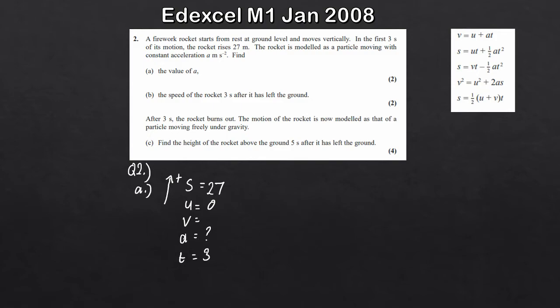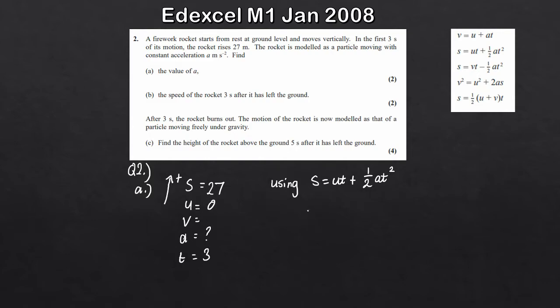So t equals 3. So in that case now, we've got our 4 letters again, S, U, A and T, which is very similar, I think, to the part B we've just done. We're going to use S equals UT plus a half AT squared again. So S, what is that?